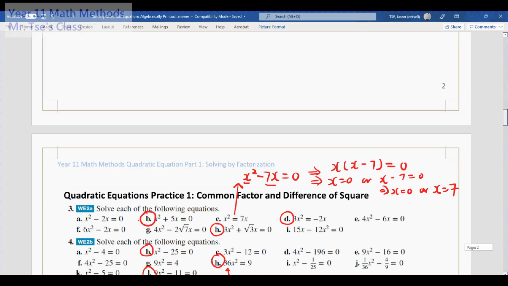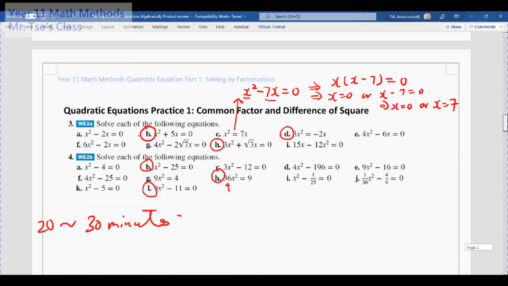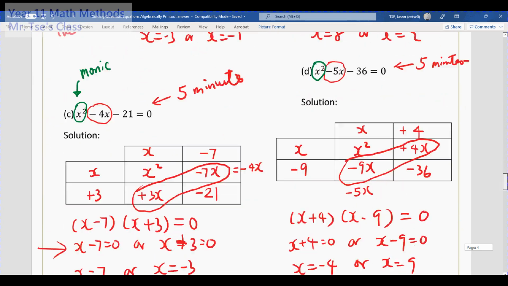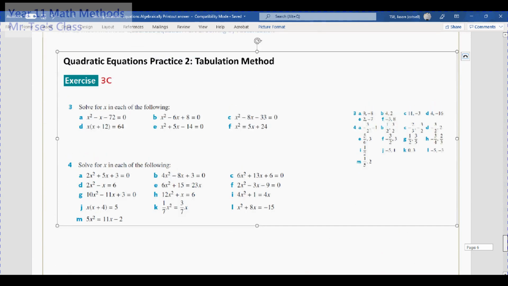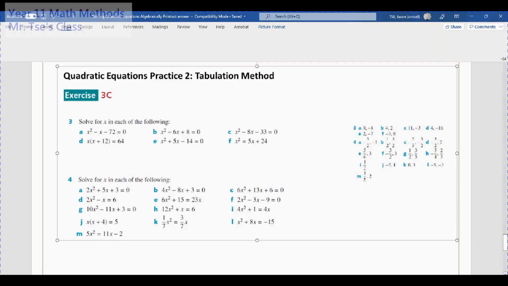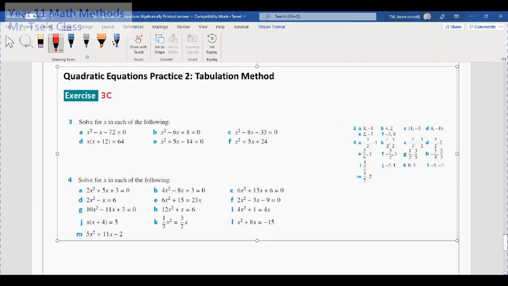Remember, you've already got practice 1. For practice 1, I asked you to have a 20 or 30 minutes practice on some of the solving by factorization questions. Right now is another practice using the tabulation method. Most of you should be okay, and some of you may have some refreshed learning.